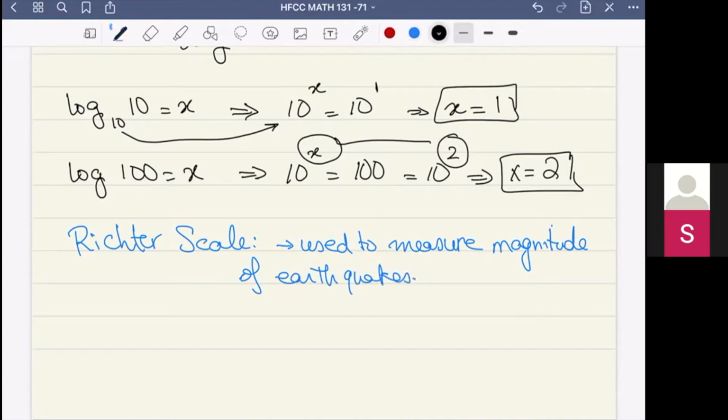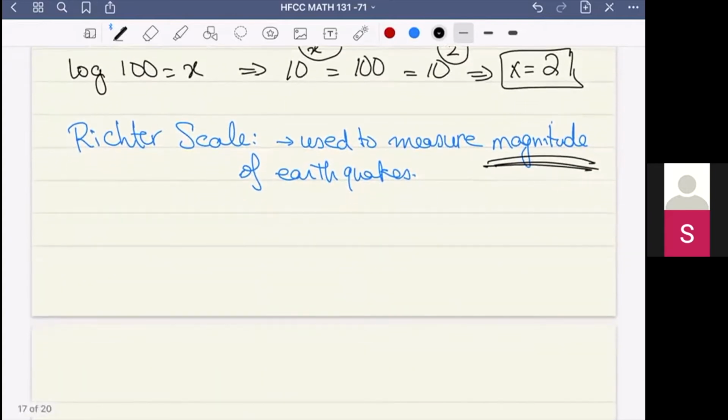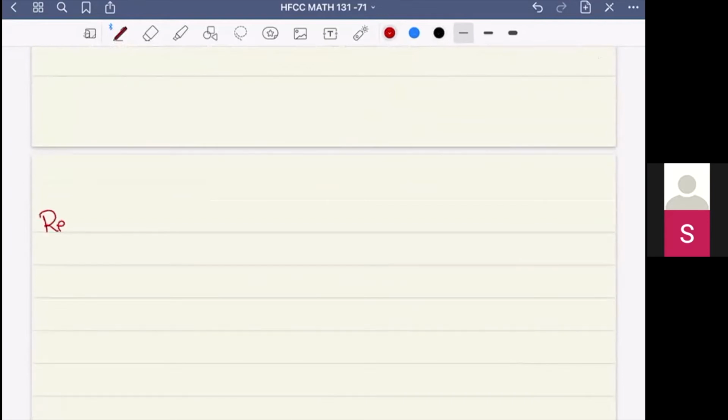Okay, so when we are talking about the magnitude of earthquakes, there are two things we're going to talk about: the relative intensity and the magnitude. So what is the relative intensity? The relative intensity of the earthquake is the measurement of the ground movement.